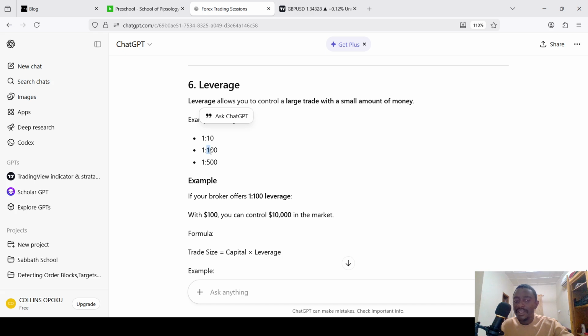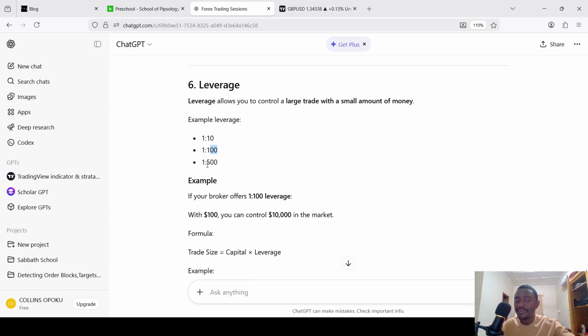So if it is 1:100, it means if you have $1, the broker is allowing you to trade a capital of $100. In the forex market, for a particular pair, if you don't have that particular amount, it is very difficult for you to trade, especially with Bitcoin. It requires a lot of leverage.